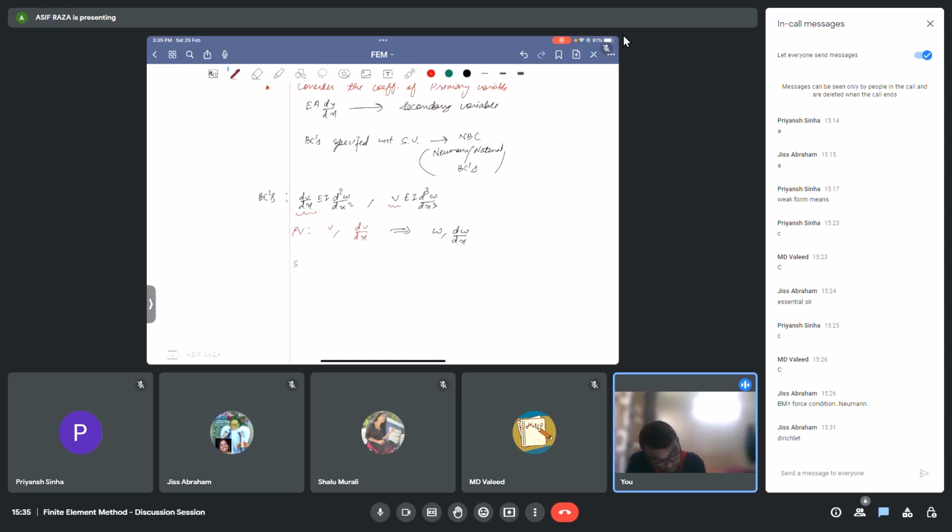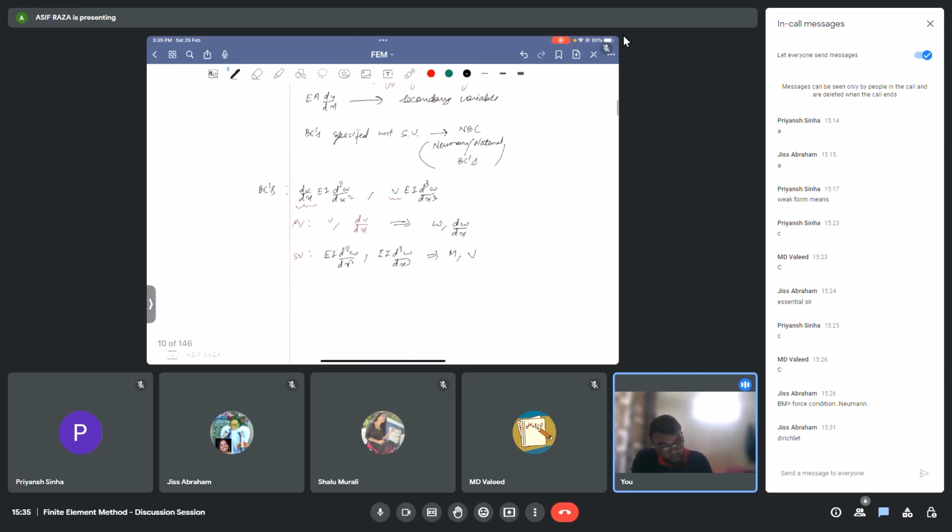Our secondary variables are the coefficients of these, EI d2w/dx2 and EI d3w/dx3, which are moment and shear force. These are Neumann or natural boundary conditions, and the others are essential boundary conditions.